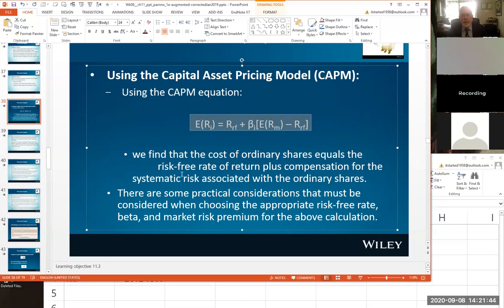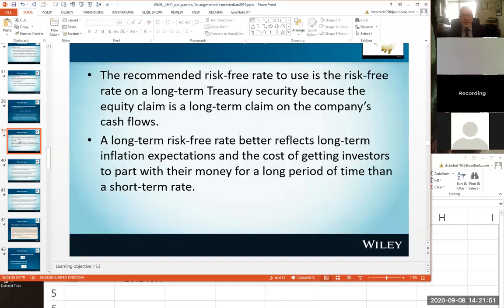We can simply rearrange that, and wherever we've got an R, we can think of it in terms of a cost. So read through the notes there, especially in terms of what the different terms mean.